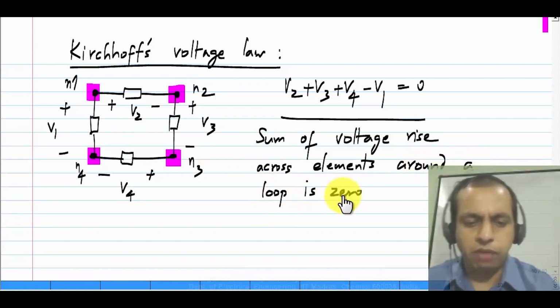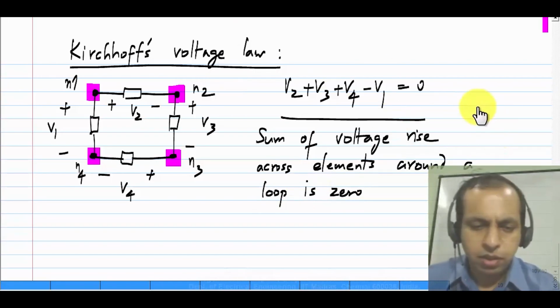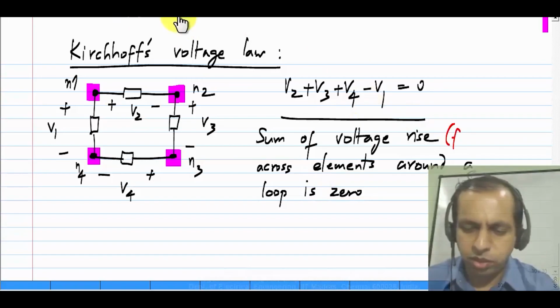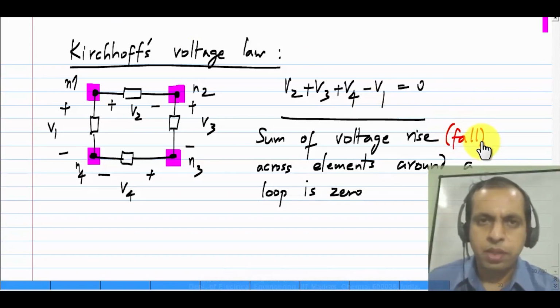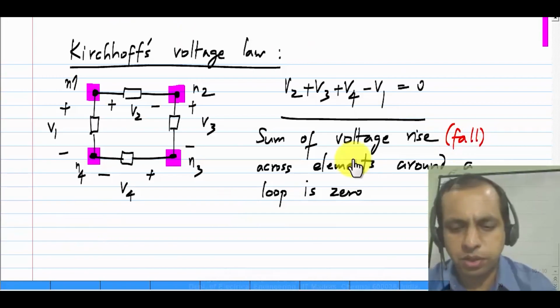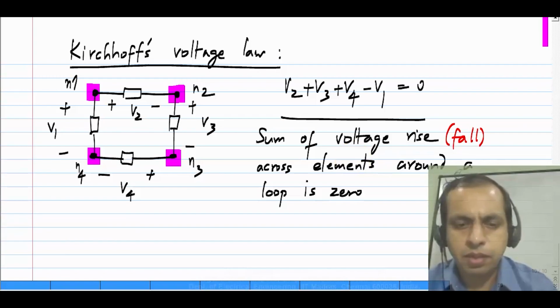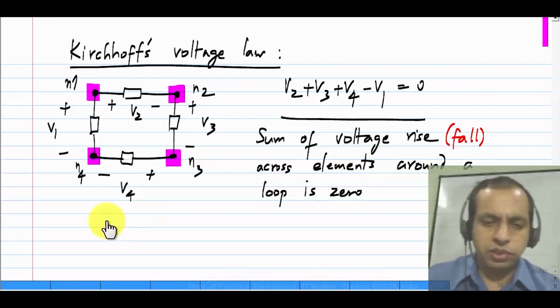Of course, you start from a node and come back to the same node. That's when you would have traced the loop once. And just like you can take a rise, you can also equally well take a fall. But whichever you take, you just do it consistently so that your calculations are correct. This is Kirchhoff's voltage law. So, what does this mean?